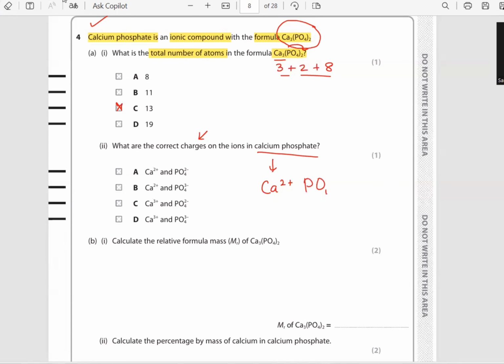So phosphate must have 3 negative charge because after swapping you will get Ca3(PO4)2. You can understand the charges from the formula itself because this 2 will come down along with phosphate and this 3 will come down along with calcium without the charges. So final answer is Ca3(PO4)2. It means this answer looks correct, answer B.